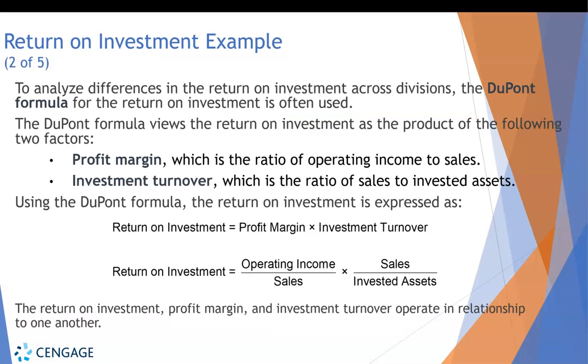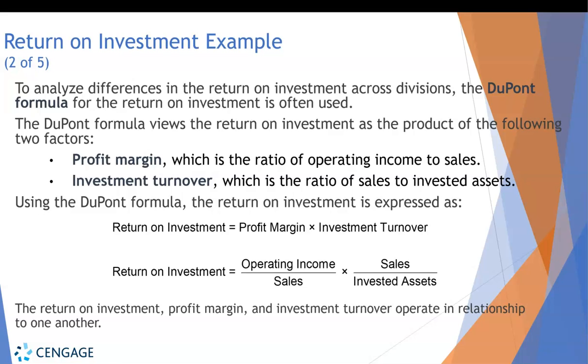Profit margin indicates the operating profitability by computing the profit earned on each sales dollar. Investment turnover indicates operating efficiency by computing the number of sales dollars generated by each dollar of invested assets.